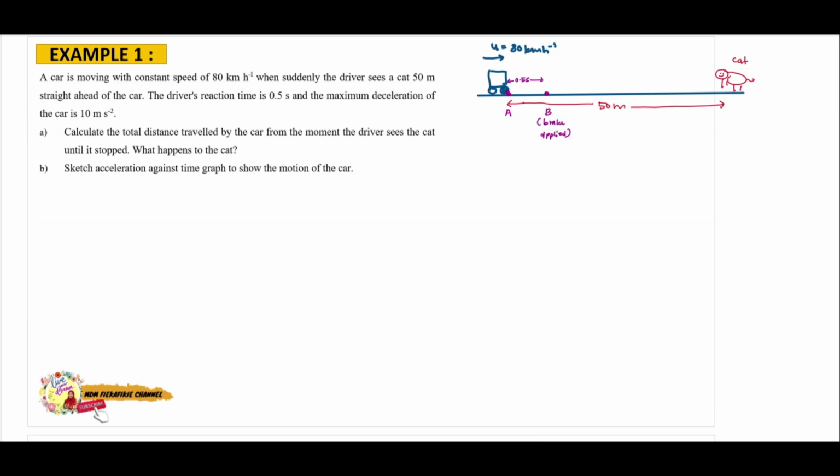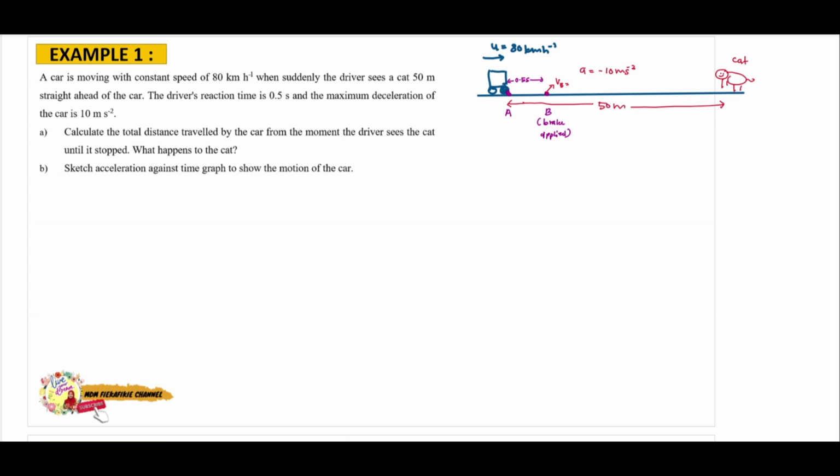And after that, what happened to the car? The car will decelerate at a constant deceleration of negative 10 meter per second squared. So negative means that the car is decelerating. And remember, since the car is moving with constant speed from A to B, means that before the brake is applied, VB is equal to 80 km per hour.